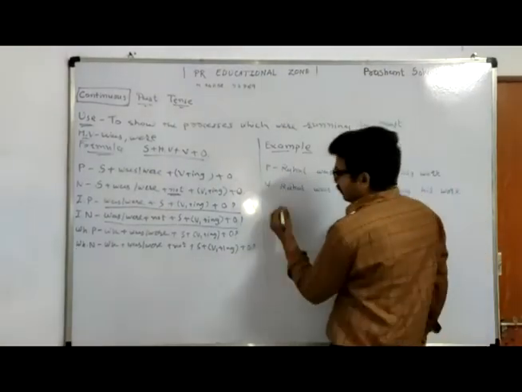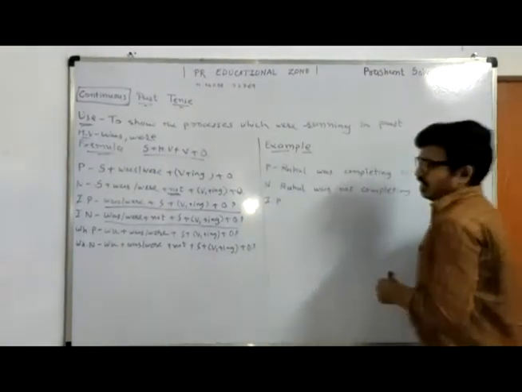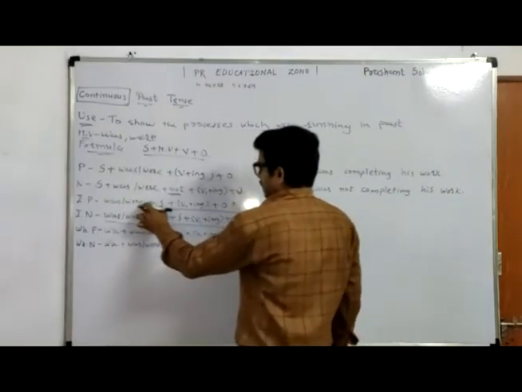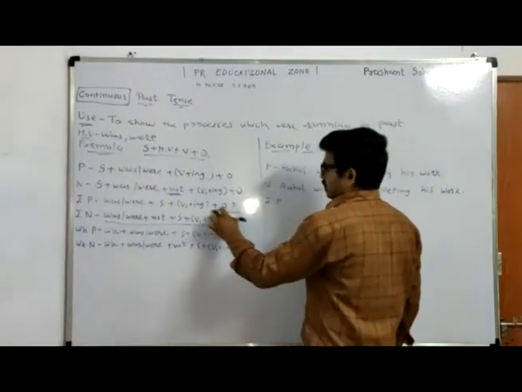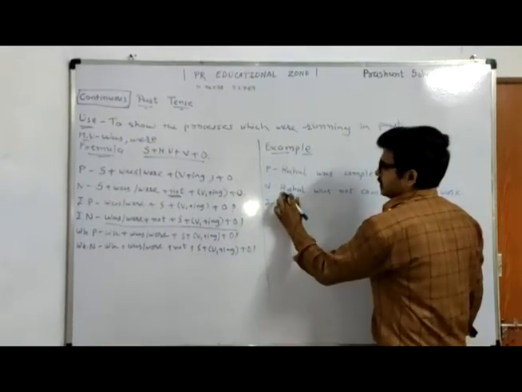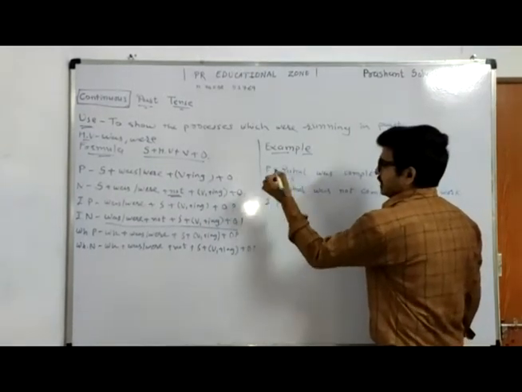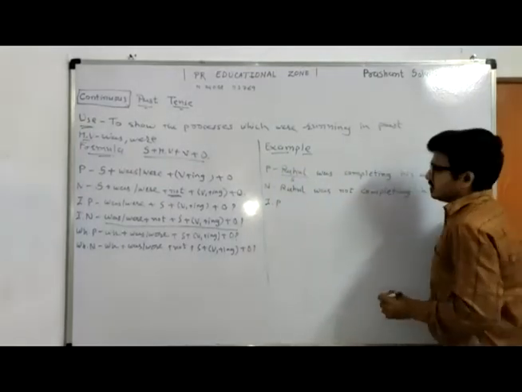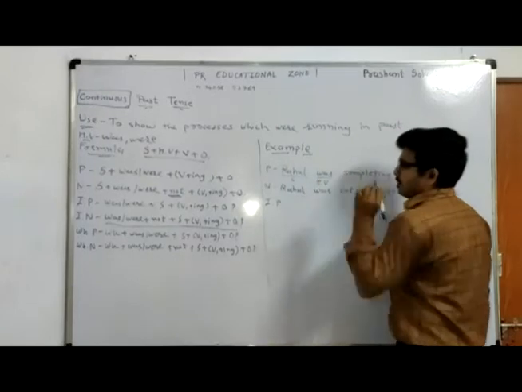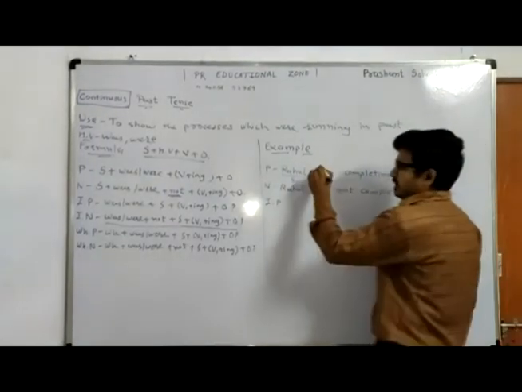Now we are going for the interrogative positive. As we have seen in the formula, we are interchanging the helping verb and the subject. So here Rahul is the subject and was is the helping verb. So we are interchanging that.